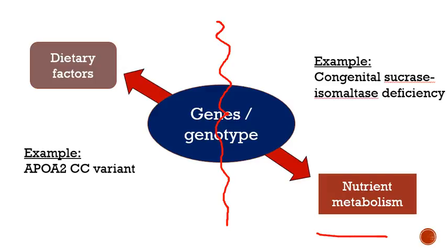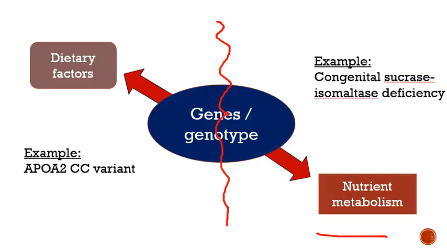When the gene that codes for that protein has some sort of variation or mutation in it, it can impact the way that protein, in this case the enzyme, is formed. And so the person with that genetic mutation, which causes the protein not to perform how it should, is not able to break down sucrose or maltose because that's what that enzyme does.